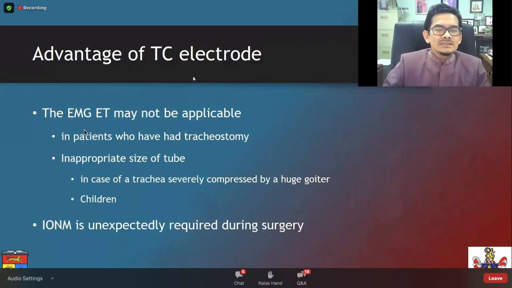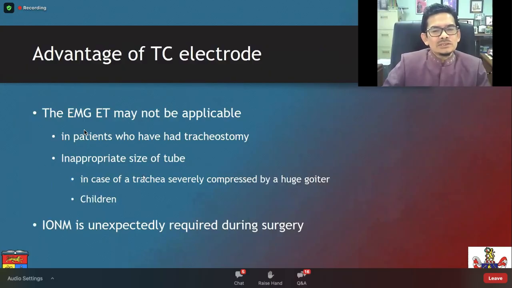So what about the advantages? Yes, it does have advantages. The EMG tube may not be suitable for certain applications, for example bronchoscopy. So you may have to change the tube if you want to use a standard EMG. Or in some cases where you have a trachea that's severely compressed by a huge goiter, you cannot use a standard size. You may want to use a smaller tube.